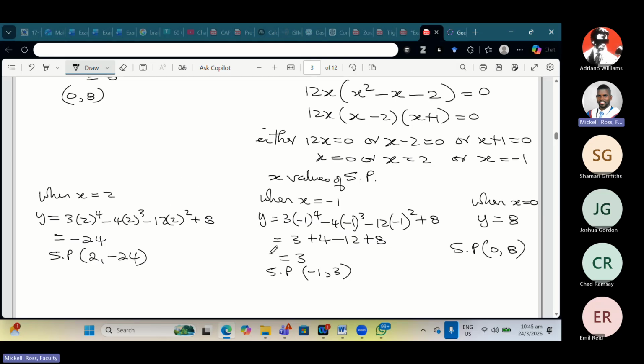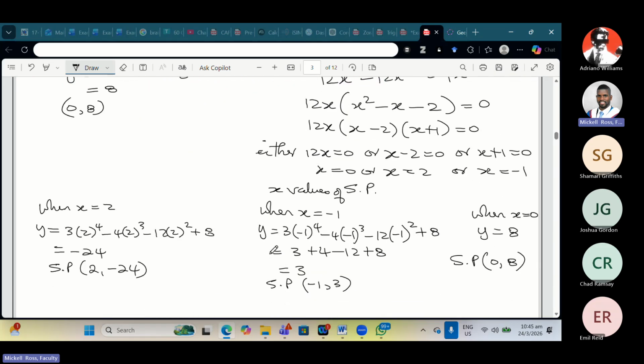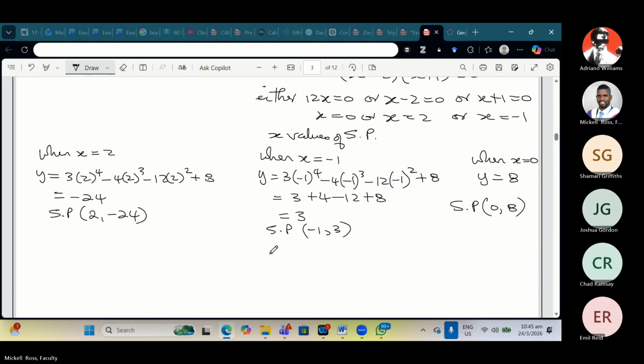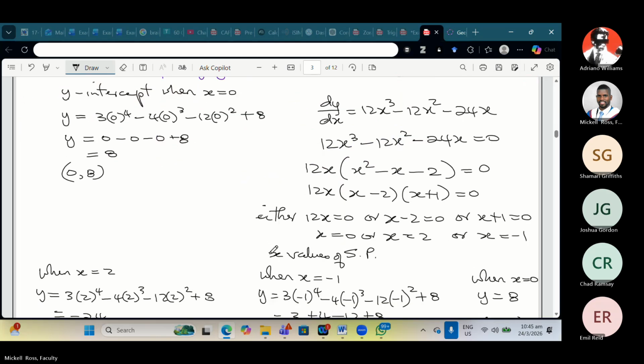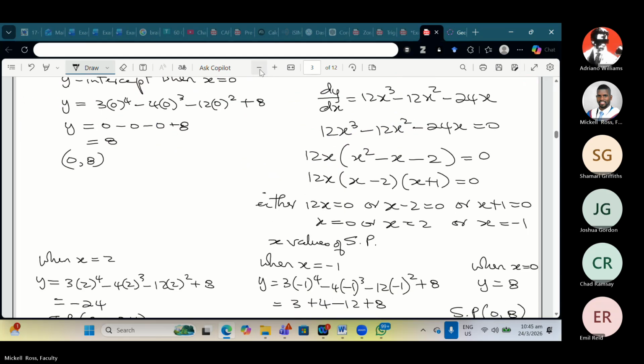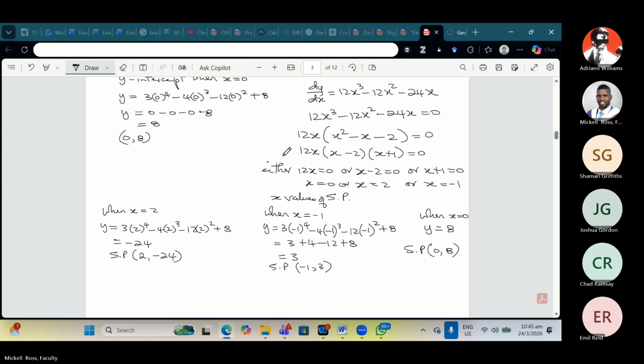All right. For this one, I'm not going to find out the point of inflection. I'm just going to use the second derivative.